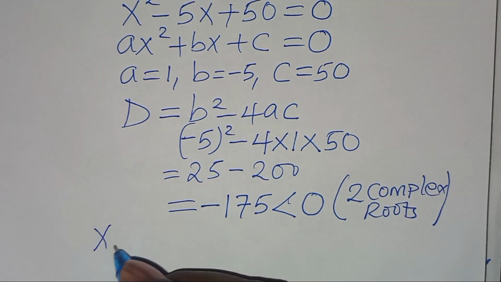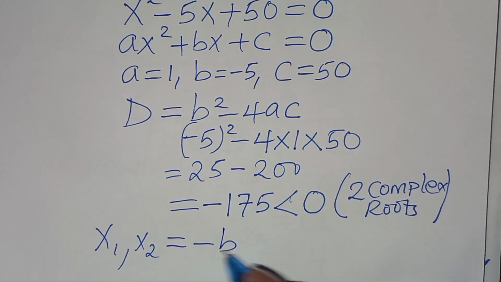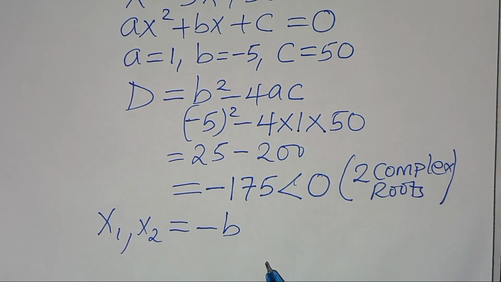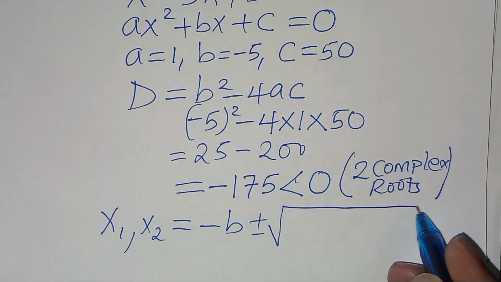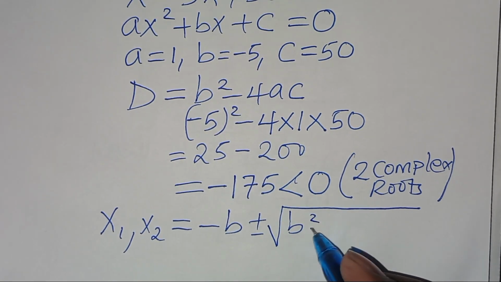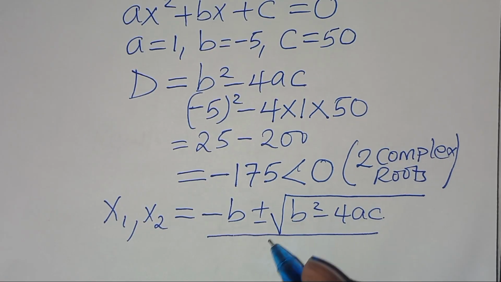That is x1, x2 can be solved by applying the quadratic formula. That is minus b plus or minus the square root of b squared minus 4ac, all this divided by 2 times a.